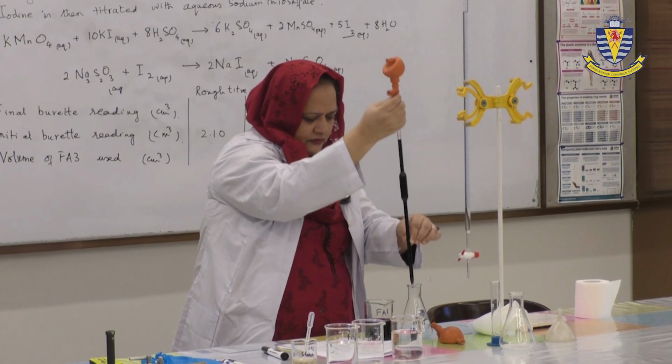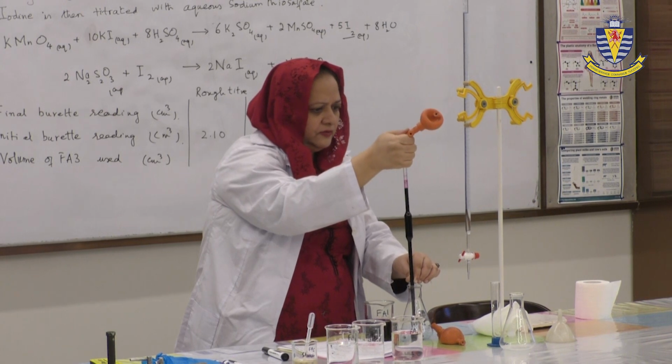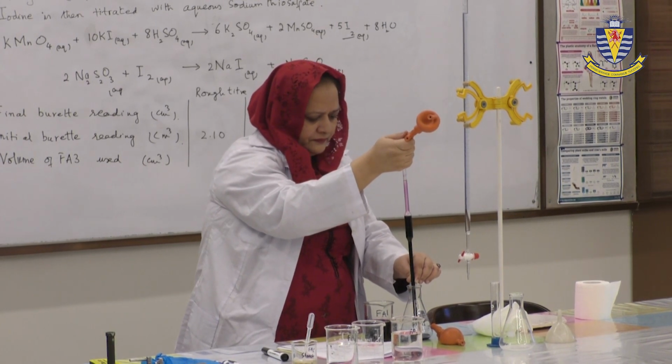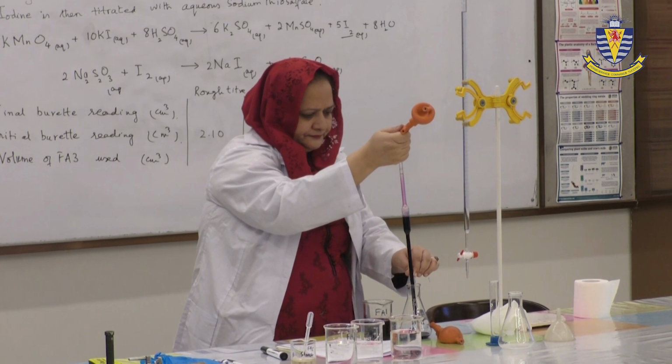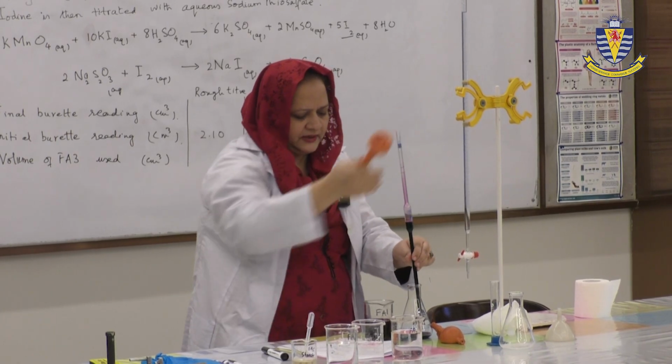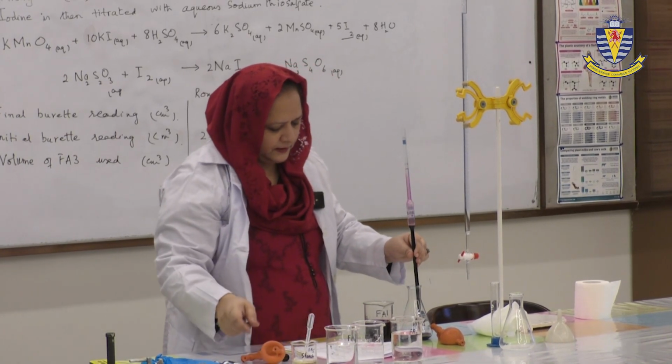Okay, so this is your 25 cm cube of potassium manganate 7.